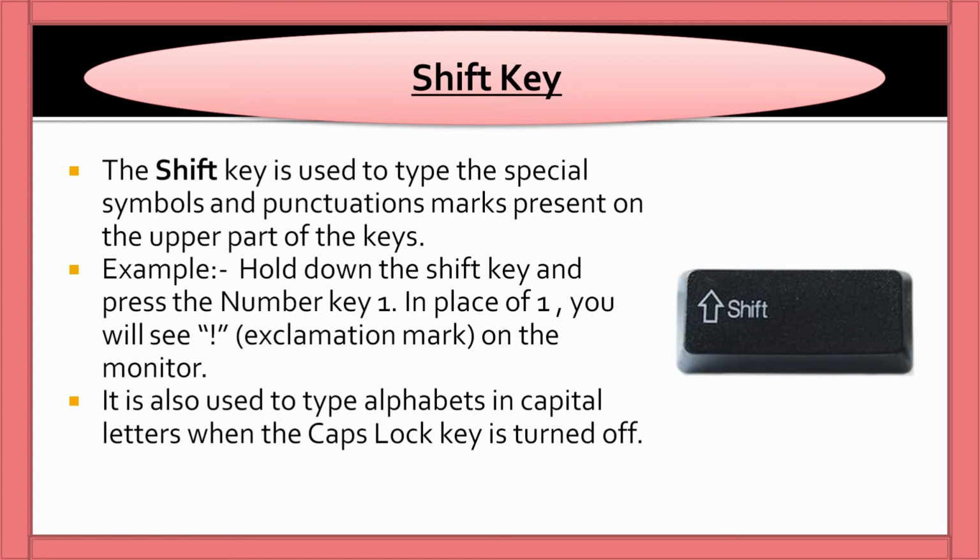While holding the shift key, when you press the number 1 key, it will type an exclamation mark. It is also used to type alphabets in capital letters when the caps lock key is turned off. This is the diagram of the shift key.